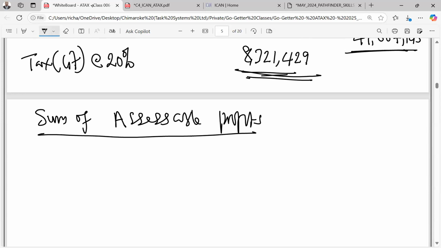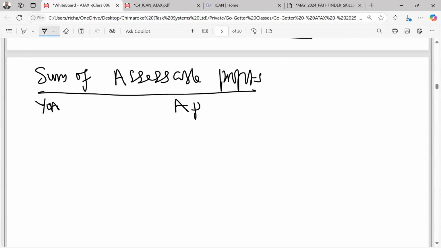Now say your assessment, assessable profits. So this is 2020, 2021, and 2022.